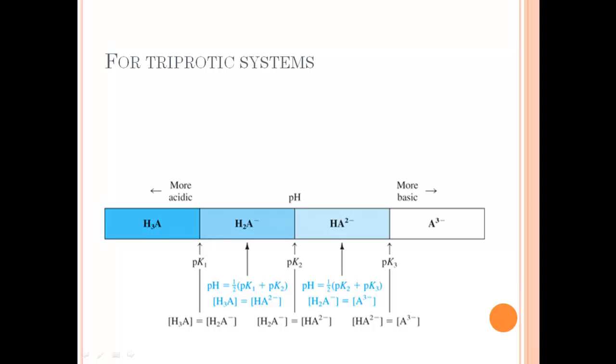And you have the H2A minus and the HA2 minus forms, which show that the pH of the first intermediate species, H2A minus, is 1/2 pK1 plus pK2. At that pH, the concentrations of H3A and HA2 minus are equal.